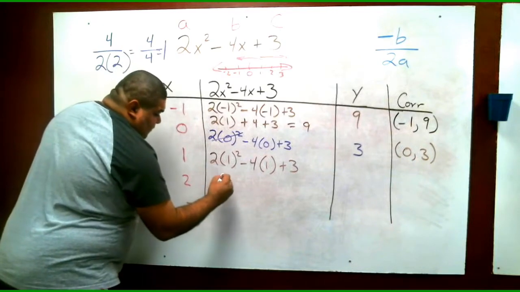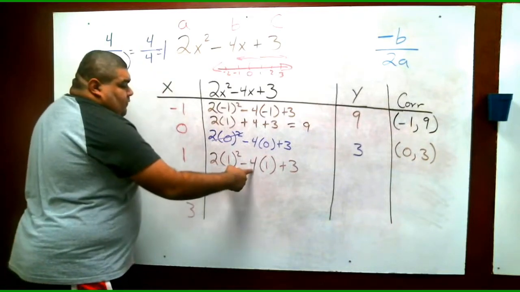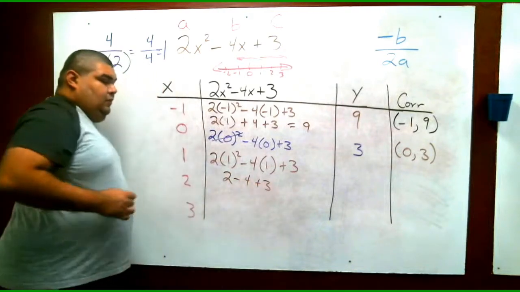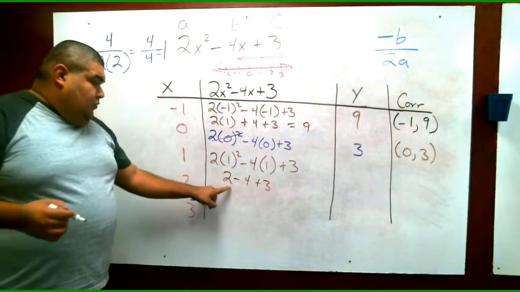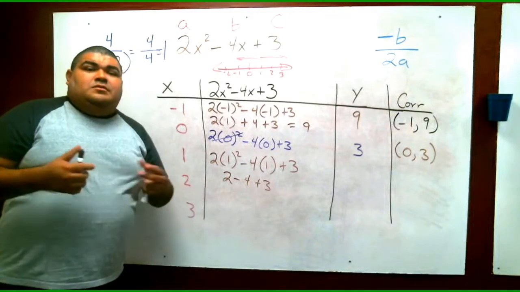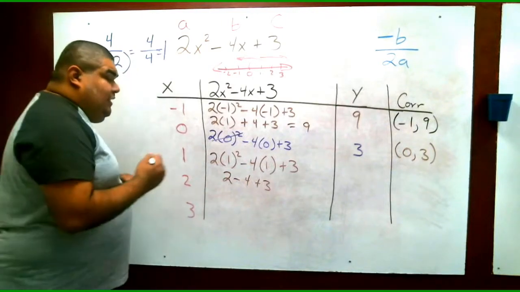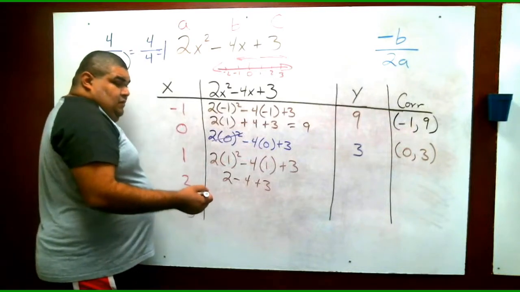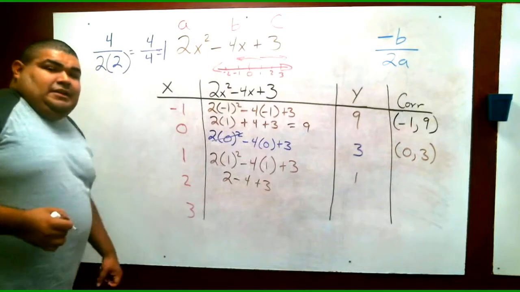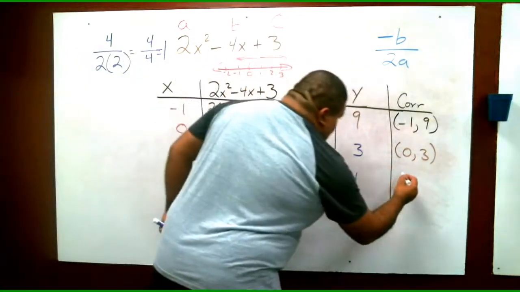So 1 times 2 is 2. -4 times 1 is -4 plus 3. 2 minus 4 is -2, right? -2 plus 3 is +1. So our next coordinate is at 1, 1.